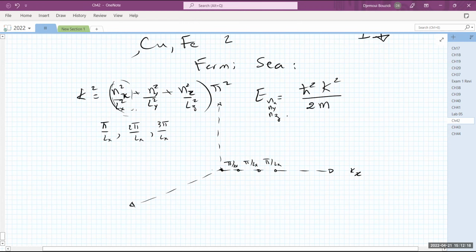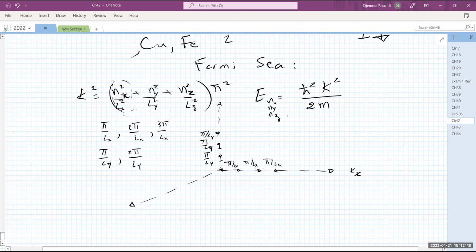The same thing in the y direction, I would have in this case pi over ly, and in this case pi over lz. The distance is the same, and the same thing in here, pi over ly. So in other words, this is pi over ly, and the next point is twice this number.